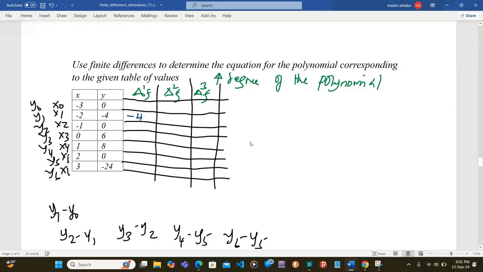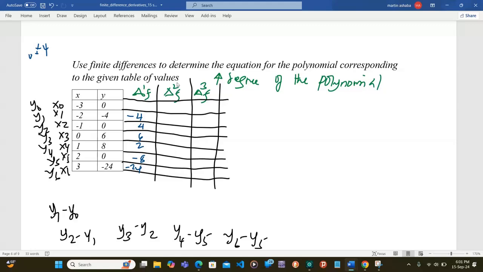So I have got -4. Then 0 minus -4, I get 4. Then 6 minus 0, I get 6. 8 minus 6, I get 2. 0 minus 8, I get -8. -24 minus 0, I get -24.